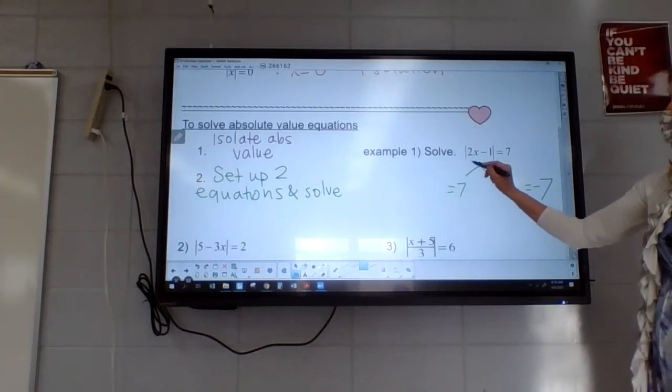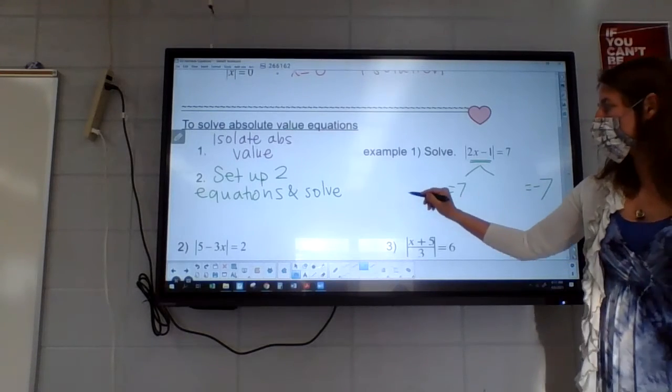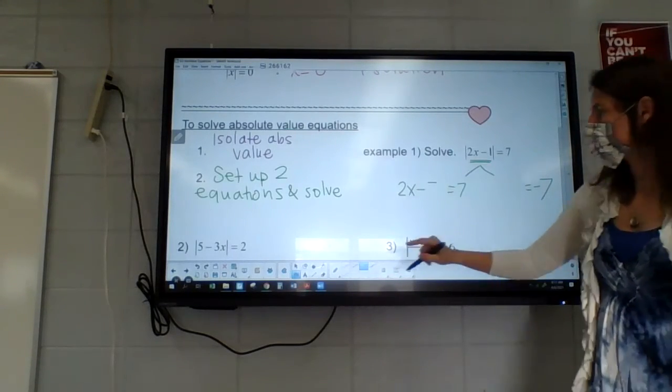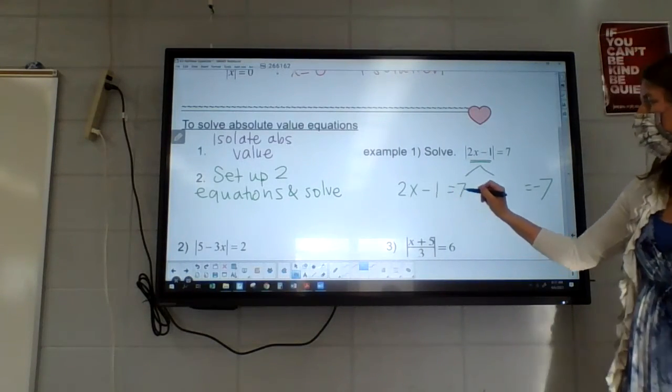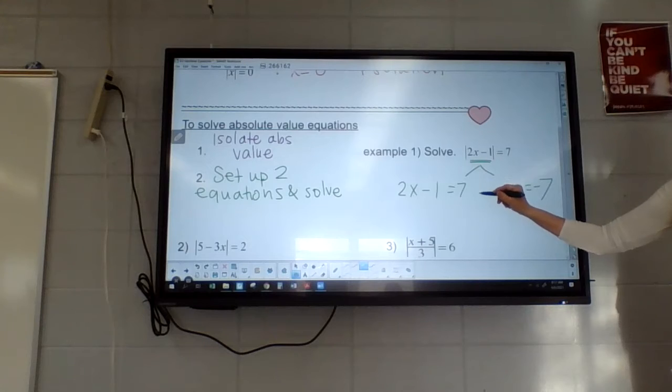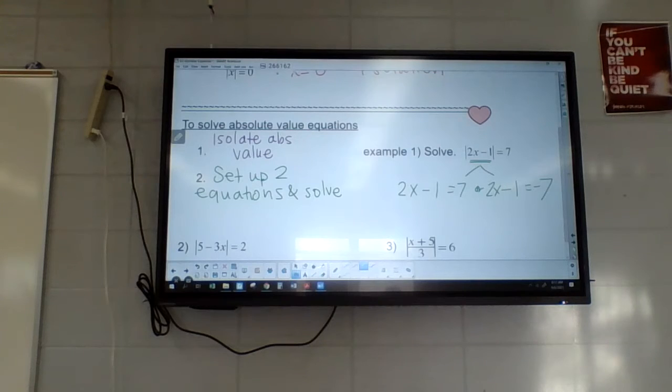I'm not going to change anything about what's inside the absolute value. We're going to say 2x minus 1 could equal 7, or 2x minus 1 could equal negative 7. That gives me two equations to solve, which will give me my two possible outcomes.